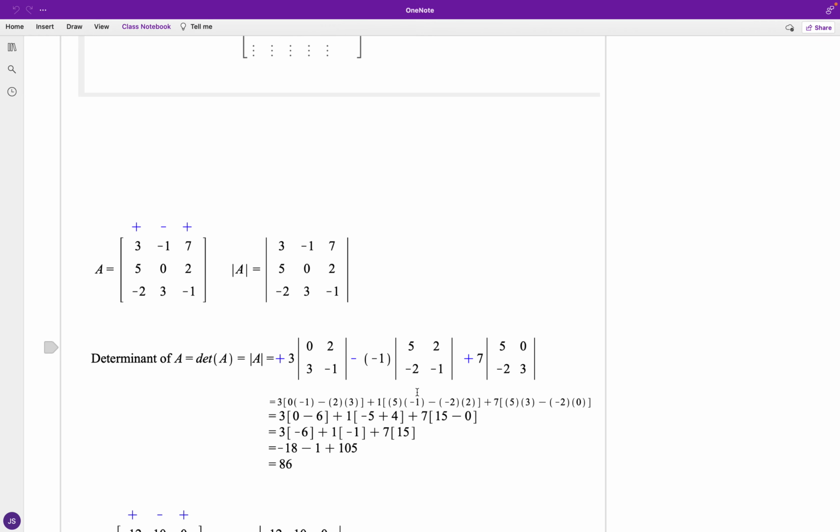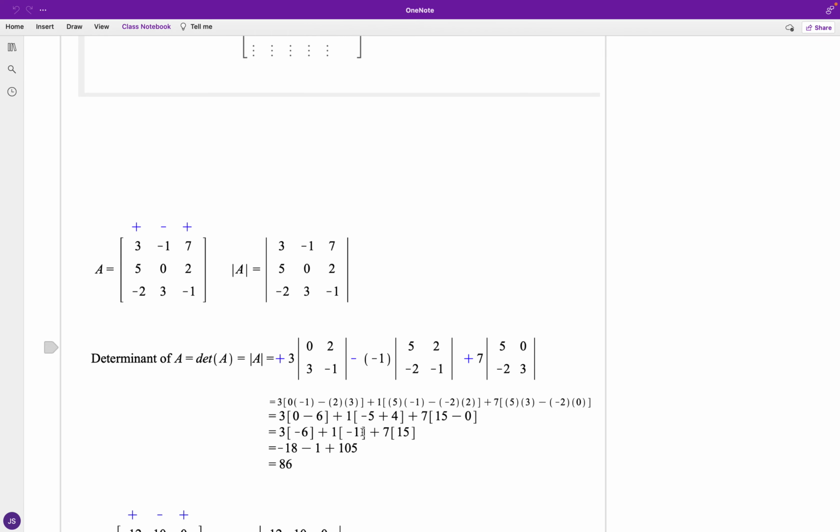With the 2 by 2 determinants, you're going to have 3, and taking the diagonal products, this comes out to -6. We have 3 times -6 is -18. And we have minus -1, so that would be a plus 1. Taking the diagonal products, you get -5 minus -4, which is -5 plus 4, which is -1.